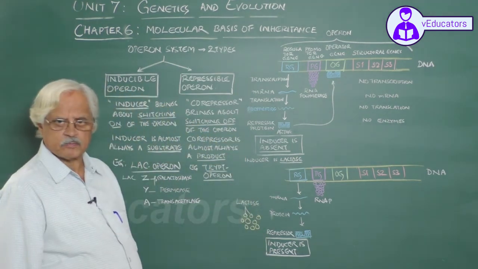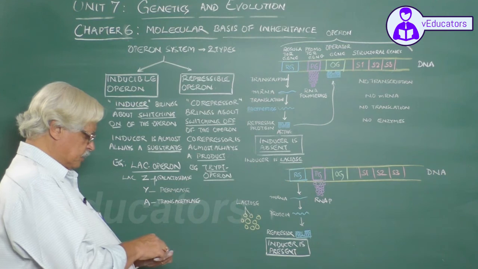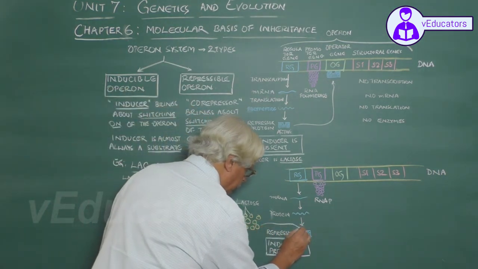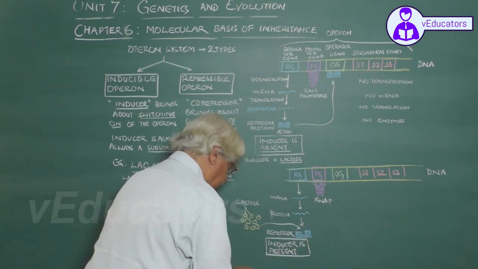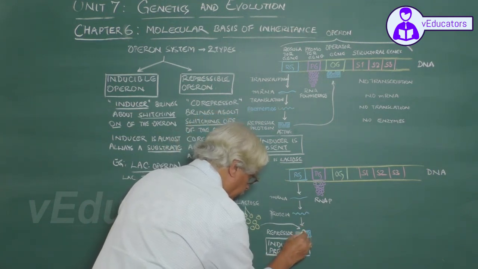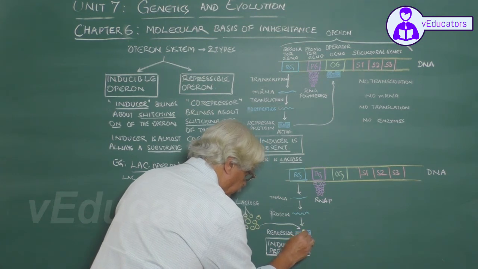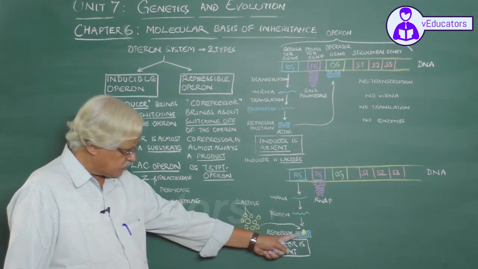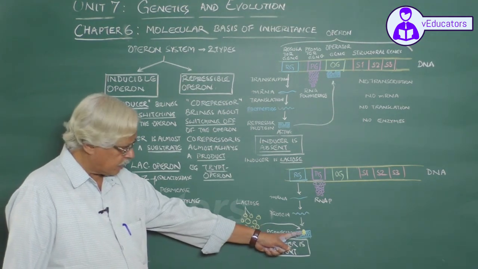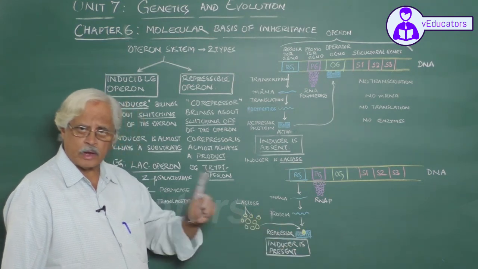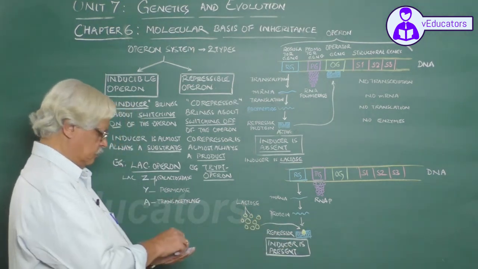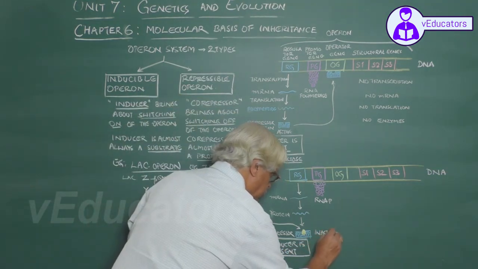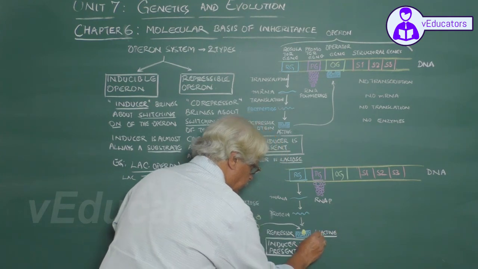When inducer is present, lactose molecule reaches the repressor and attaches to the repressor at a suitable site, therefore repressor becomes inactive.